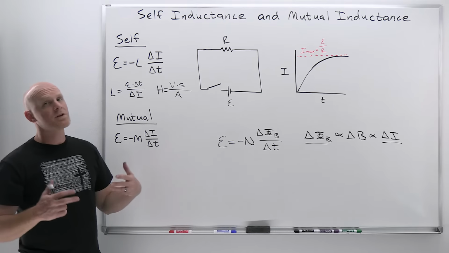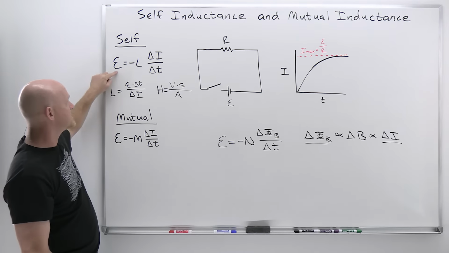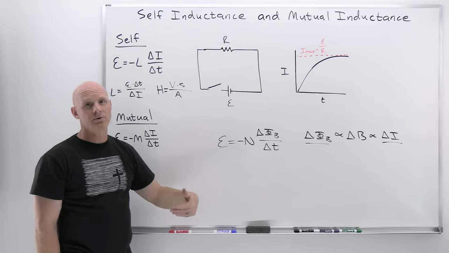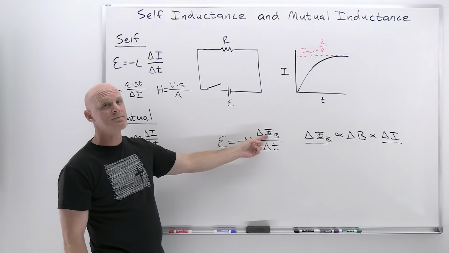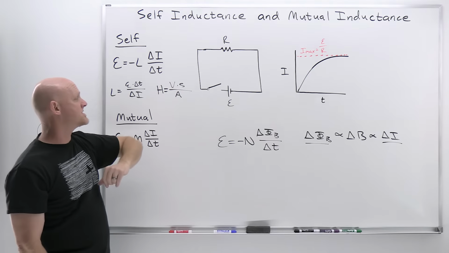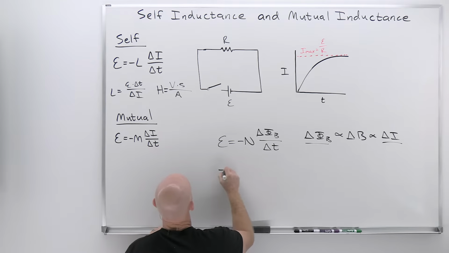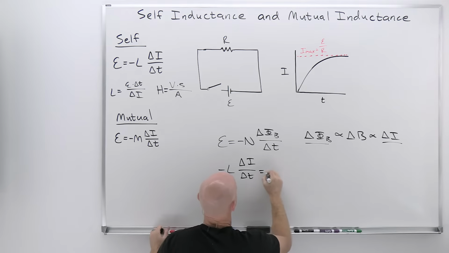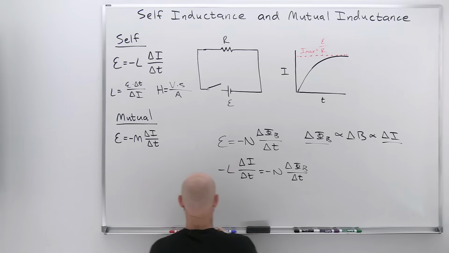Now it turns out we can come up with another expression for L, besides this one right here. The idea is that this induced EMF and the one given by Faraday's law are exactly the same value, just expressed in different terms. Instead of being expressed in terms of the changing magnetic flux, it's expressed in terms of the changing current. If we set those equal to each other, negative L delta I over delta T is going to equal negative N change in magnetic flux over the change in time.